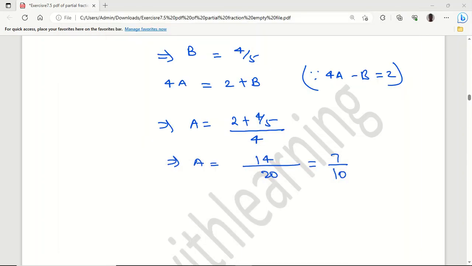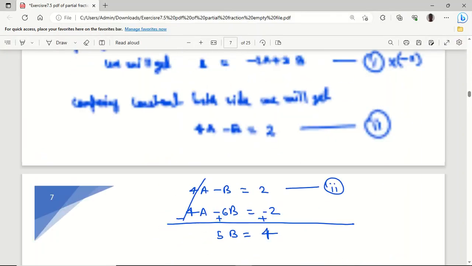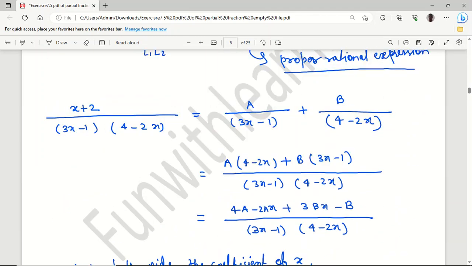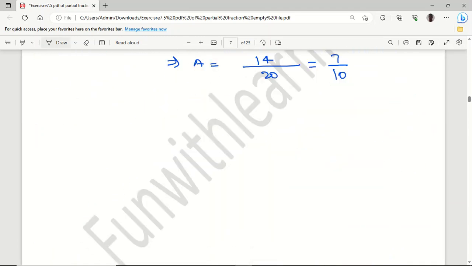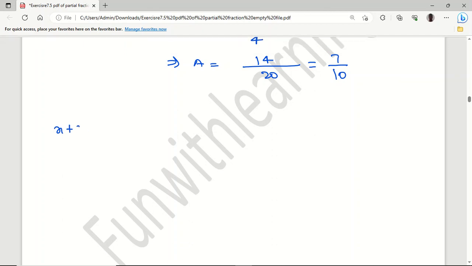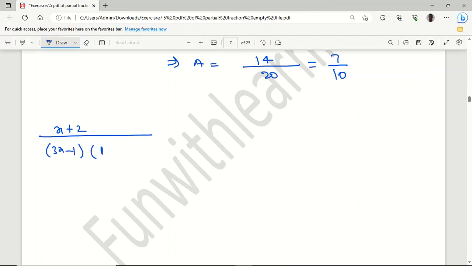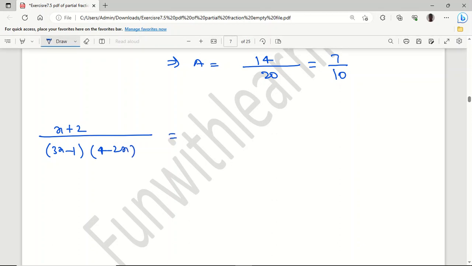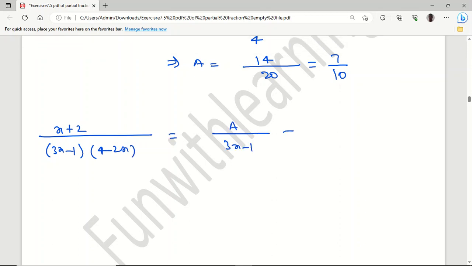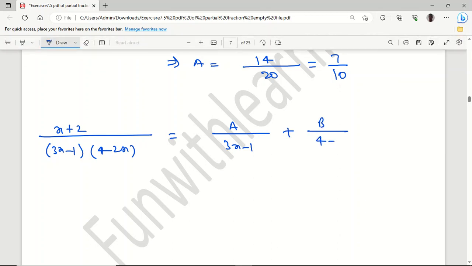So now we have the values of a and b. So I can put them into our partial fraction. So I'll get x plus 2 upon 3x minus 1 by 4 minus 2x equal to, it was a upon 3x minus 1 plus b upon 4 minus 2x.